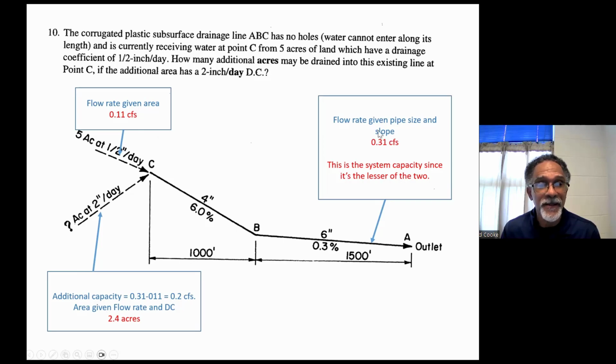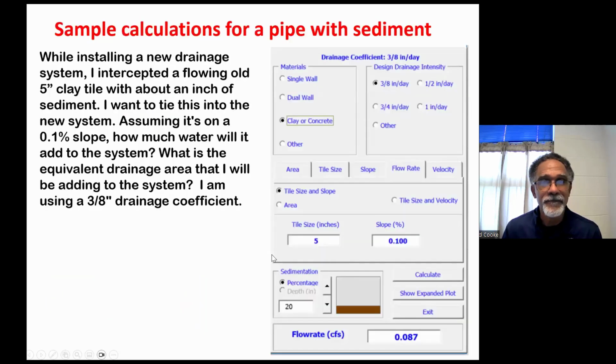Once we determine the incoming flow and the capacity of the existing system, if we subtract and obtain the difference, we get a difference of 2 cubic feet per second. And then we can use the tool to calculate area given the flow and the drainage coefficient.